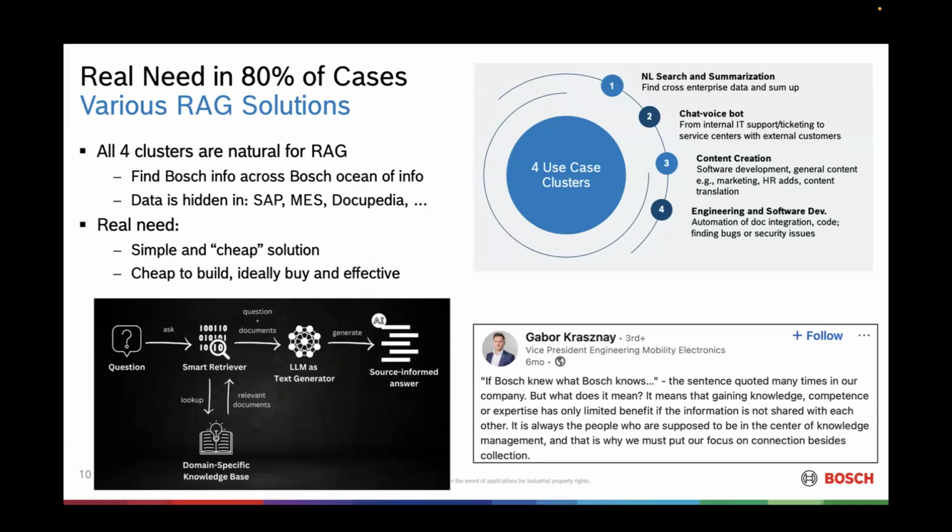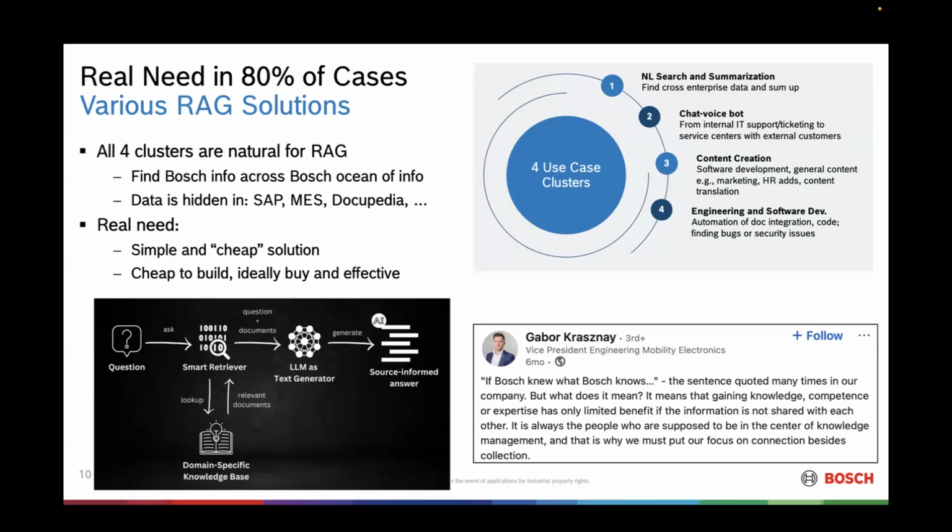What it means is that there is such an ocean of information scattered across the company, and it was observed that large language models can provide a really unique way of getting access to this data, making it actionable, and creating value from that data. And data has been hidden in companies in manufacturing environments, in ERP systems, in many different places.